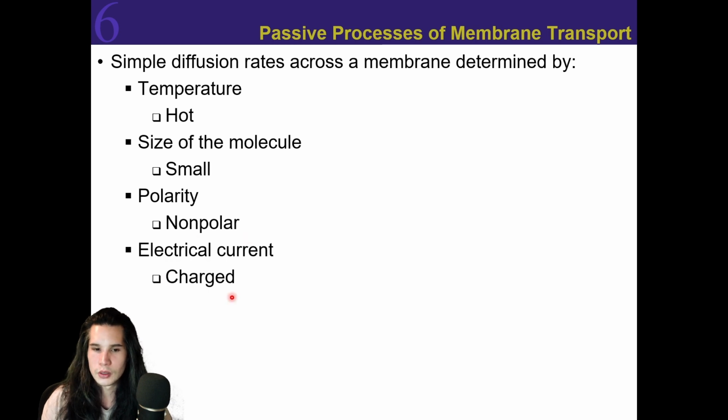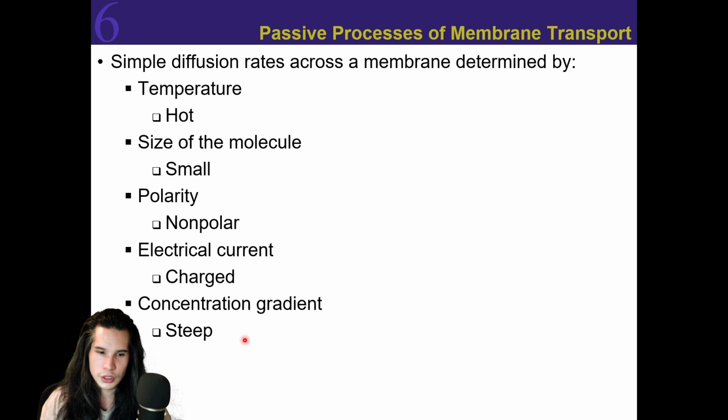If you are sending a charged current through the cell, or if you have a variance in charge from the outside of the cell to the inside of the cell, typically you're going to have an easier or faster diffusion rate in either direction, depending on where the charge is located.